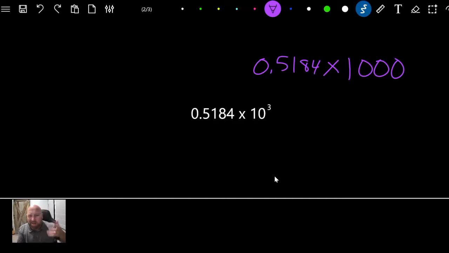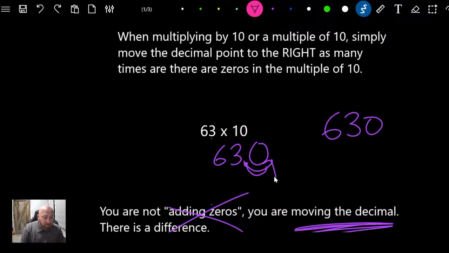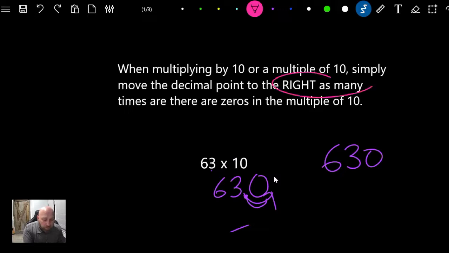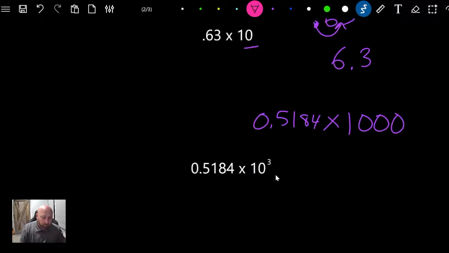But I like to write it out. That's going to help you see these zeros right there. Why are those zeros important to you? Those zeros are important to you because that's how many times we're going to move our decimal, right? That's what it says in our step up here. We're going to move it to the right as many times as there are zeros.